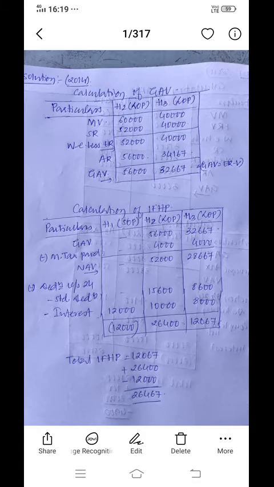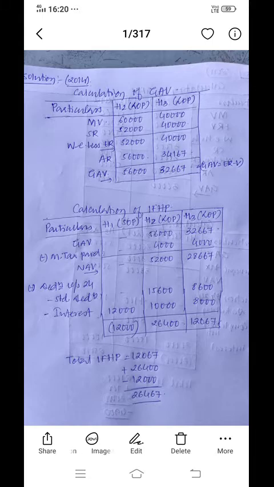Deduction under section 24. So here there are two deductions, as you know. Standard deduction, that is 30%, which is compulsorily allowed. So house 1 has no standard deduction, it is nil.